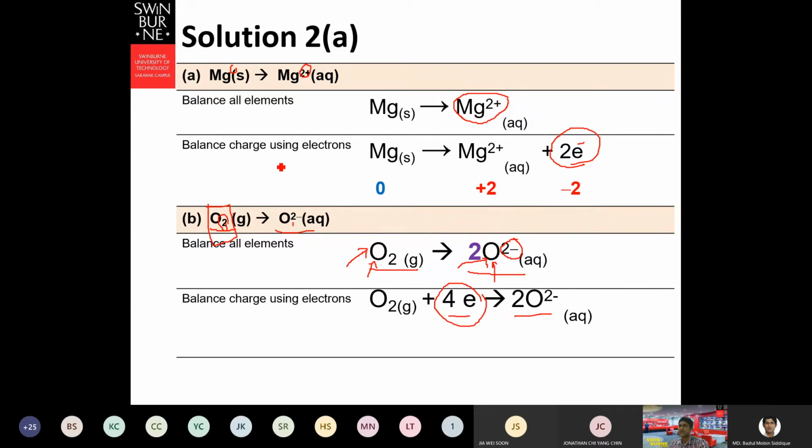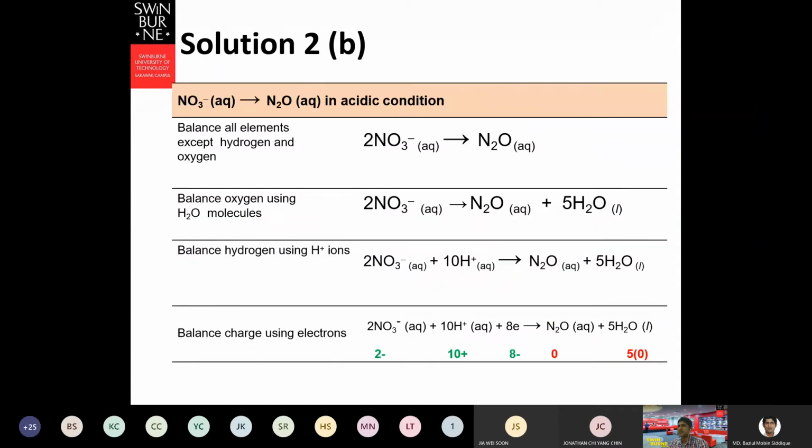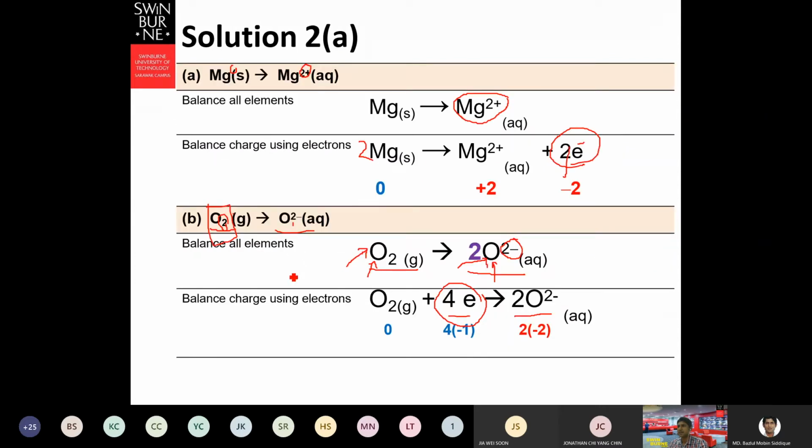If I have 2 atoms of magnesium, I will have 4 electrons here. And that is happening here: 2 magnesium and oxygen react to produce magnesium oxide.